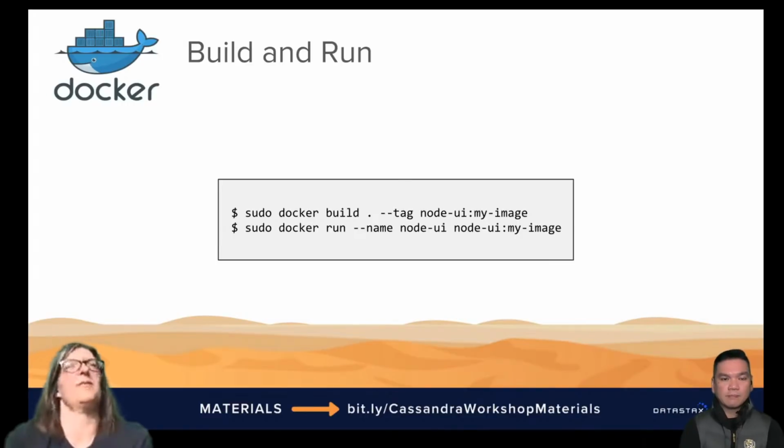So build it with a tag, and the import into kind will be much nicer. And then we can run our Docker image. So now we run it. We're choosing the image Node UI, my image, and we're giving our Docker container the name Node UI, for example.